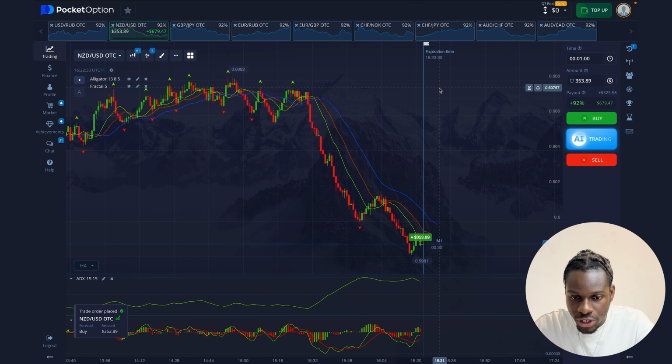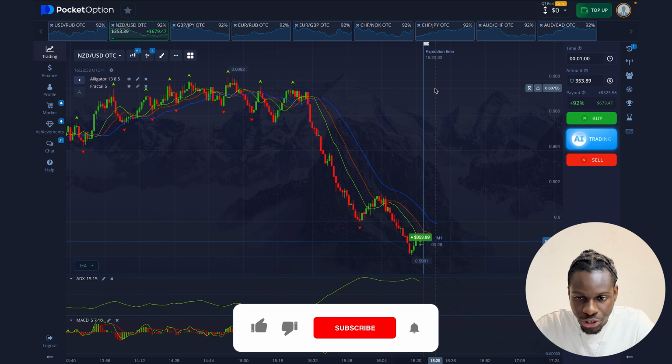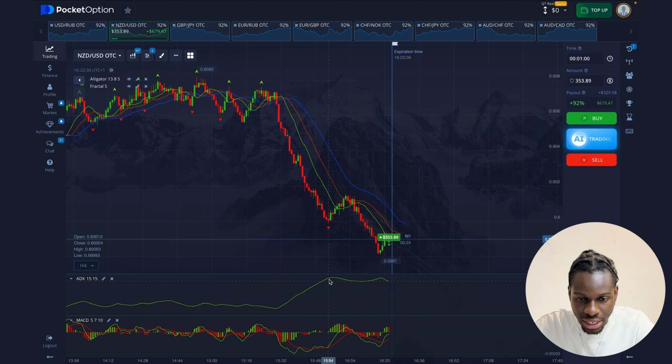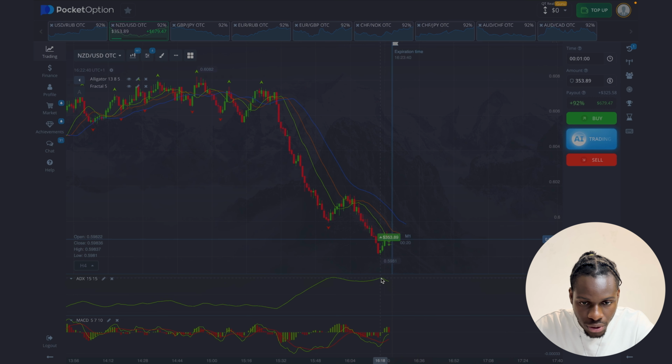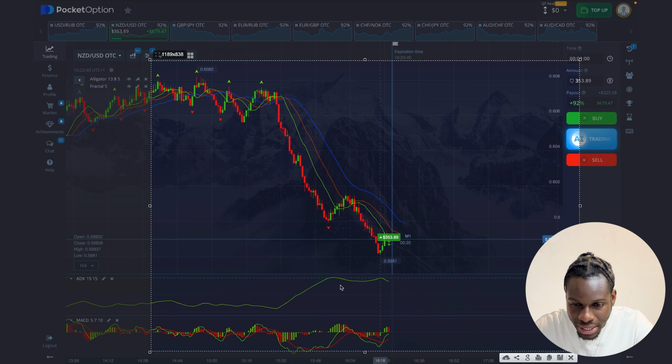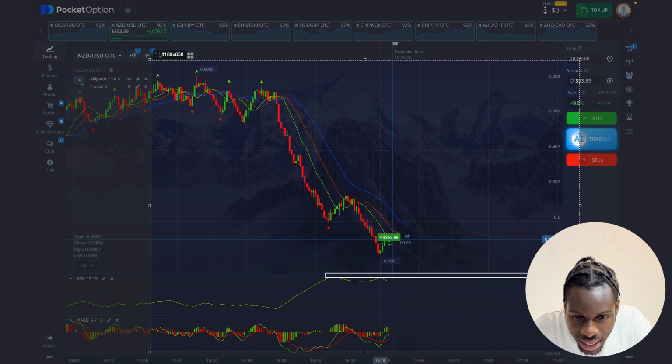Okay, so for this one, we are opening a buy trade and we're doing that against the trend movement. As you can see, the ADX has reached its peak value, which is very, very high. It's around 59%, if I'm not mistaken. And that's just indicating that a reversal is very likely.